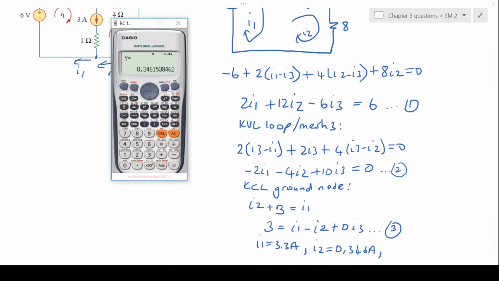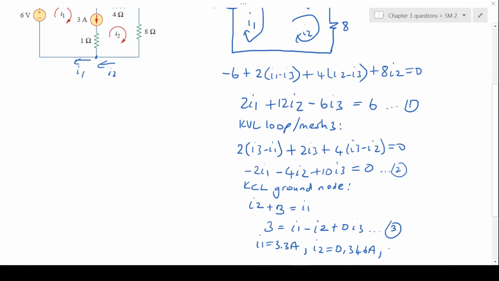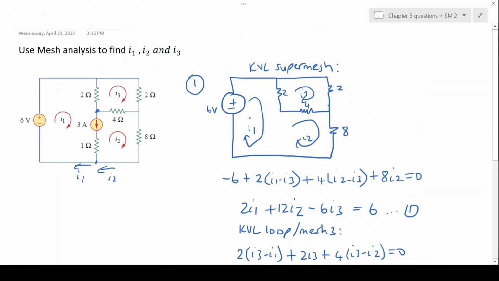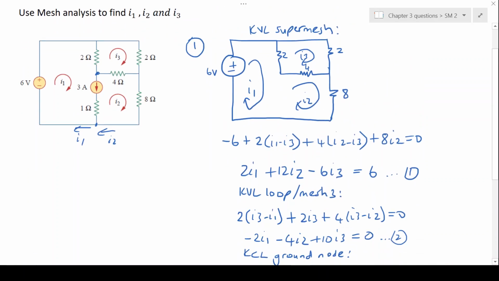And we find a value for I3 as 0.807 amps. Right, and that is the currents I1, I2, and I3 using mesh analysis to determine the currents.